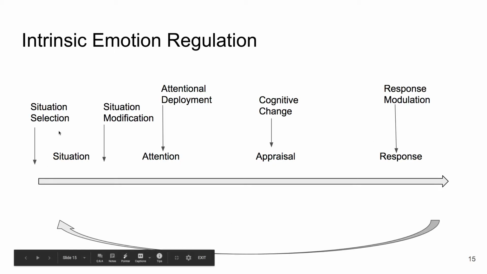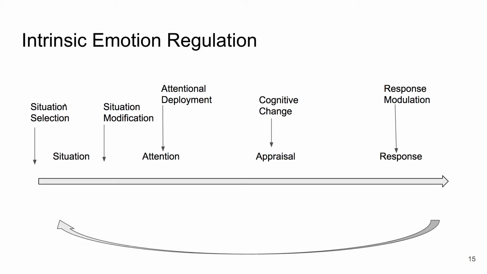So we talked about situation selection. We can just opt to not engage in the situation. Situation modification refers to how we change the actual environment of the situation. In this example, there's not a ton we can do.